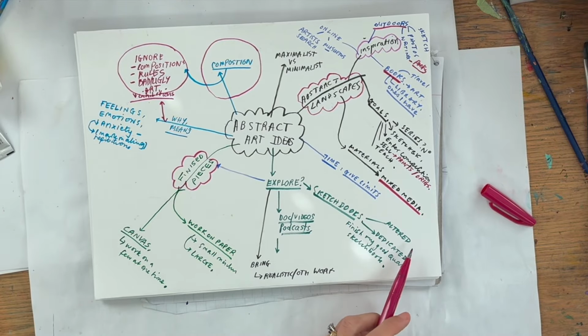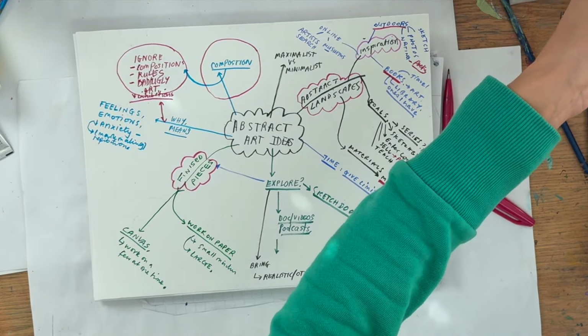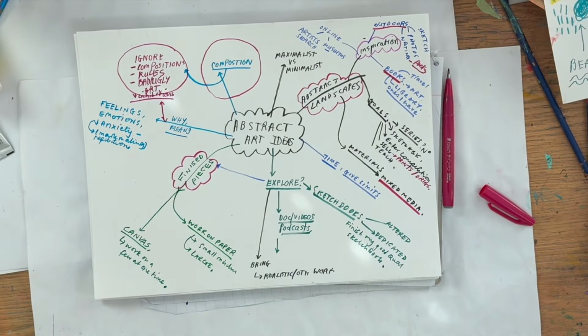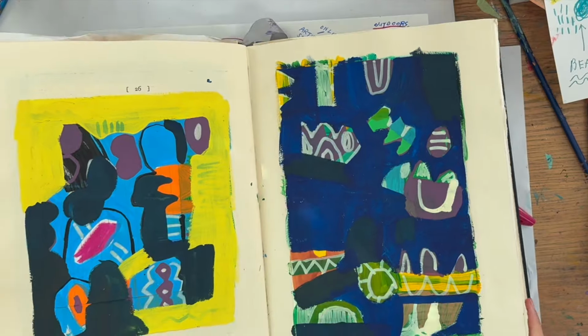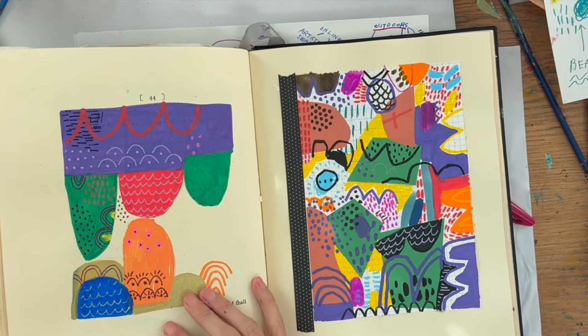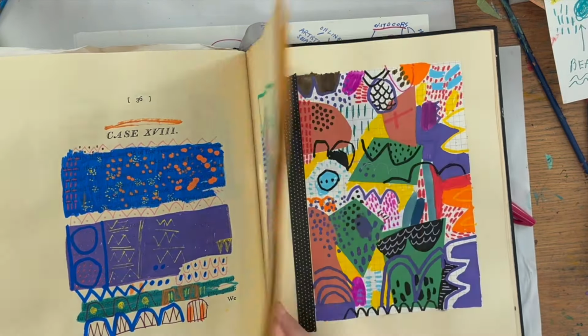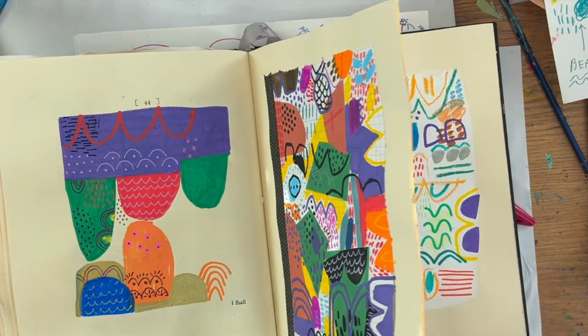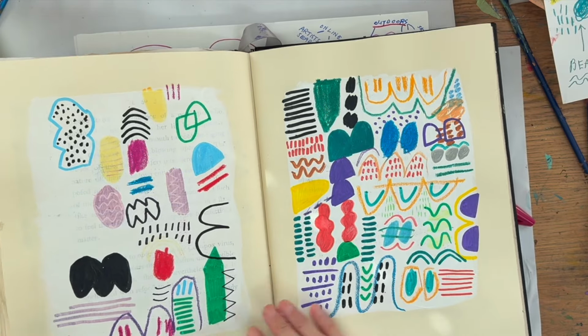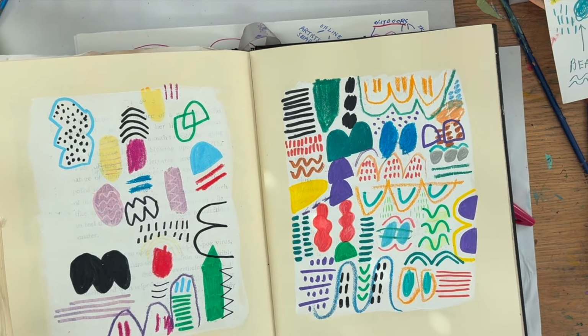I do show it in the video because I actually do go back to them. Someone else asked, do I use my abstract sketchbooks and make finished work from them? The answer is yes. They do influence finished work, but not in the way that I would look at this and enlarge it.